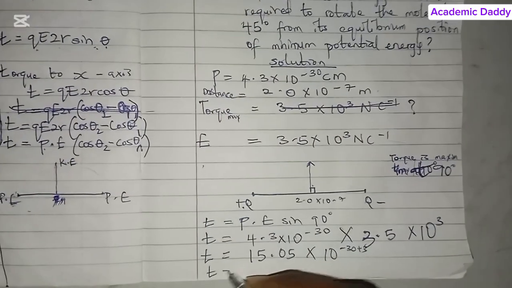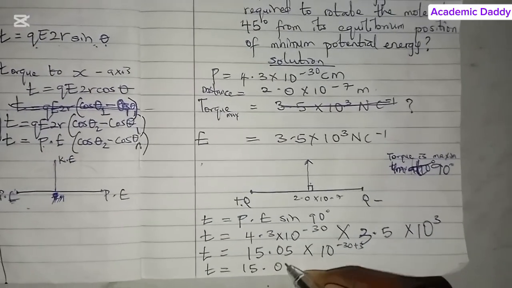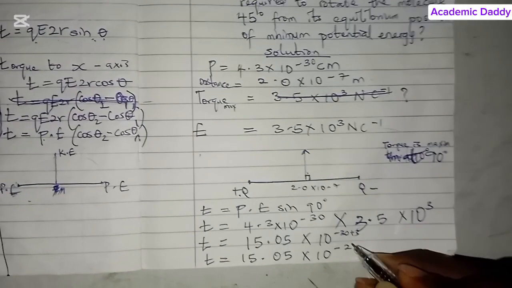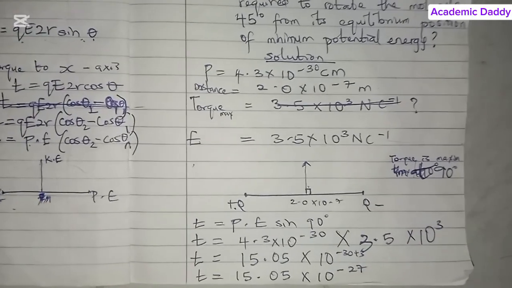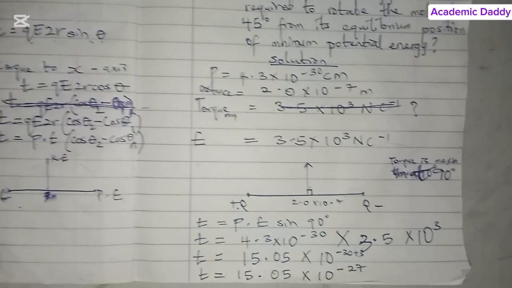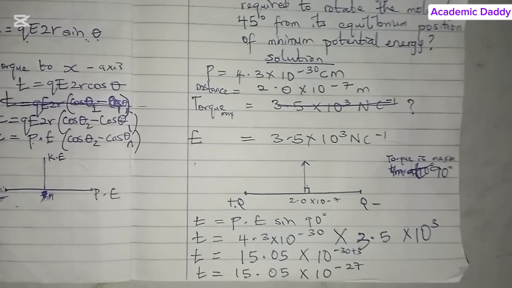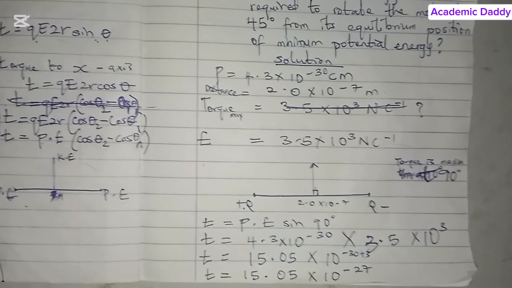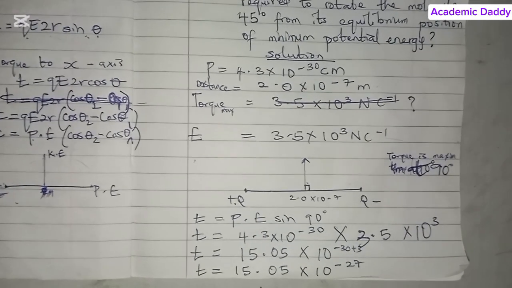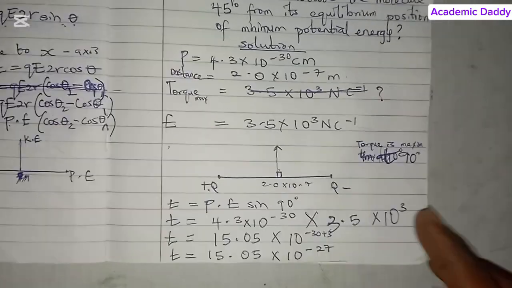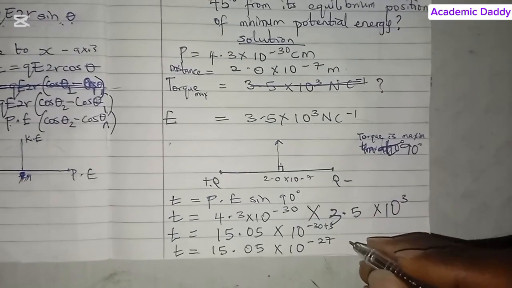So I have T equals 15.05 times 10 raised to power minus 27. So times 10 raised to power minus 30 times 10 raised to power 3. Okay, yes. So this is the answer we have.